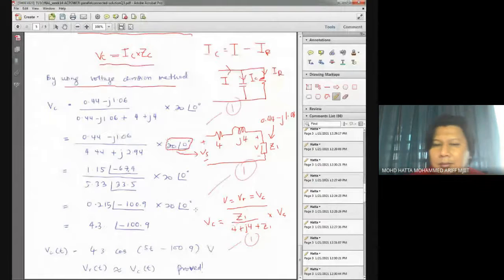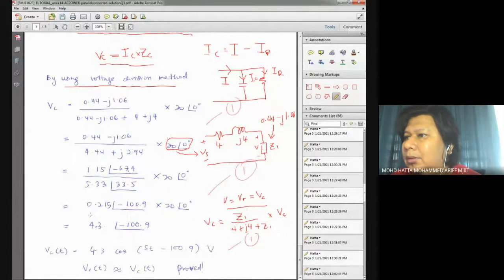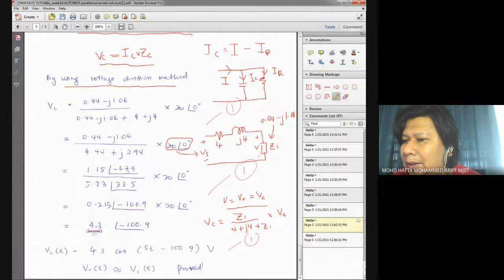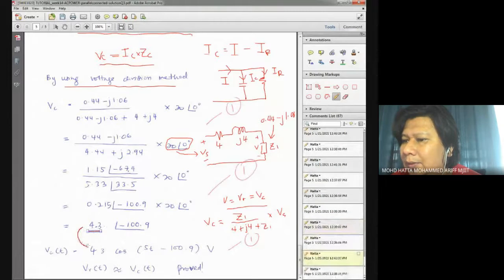And again, if you use the peak value of voltage, of course you will get a peak value of voltage at the end. So the peak value of voltage can easily be used back in order for you to write down the equation in sinusoid form.